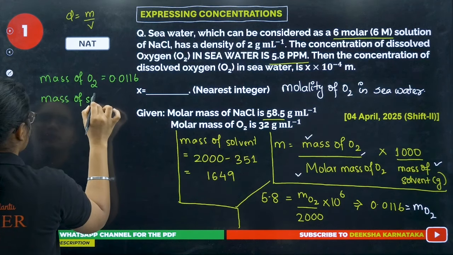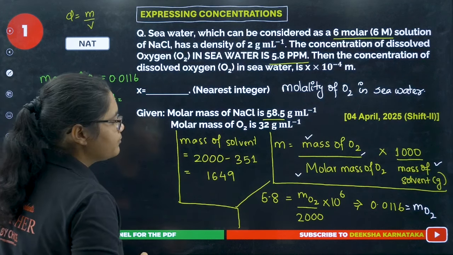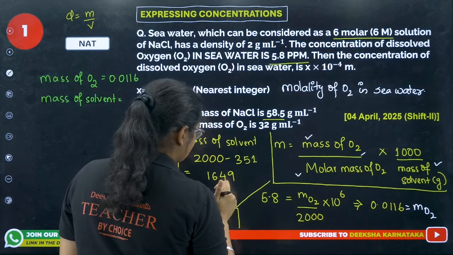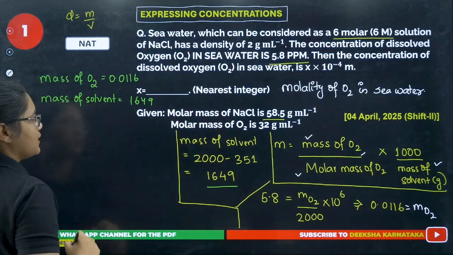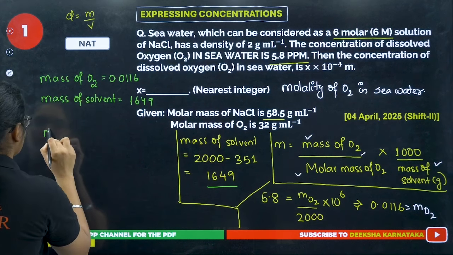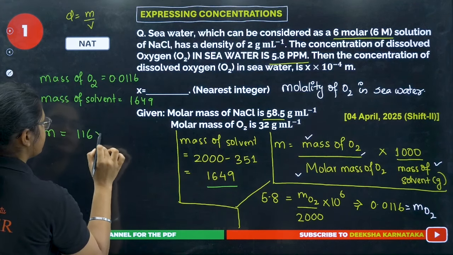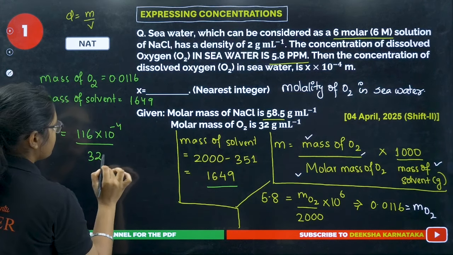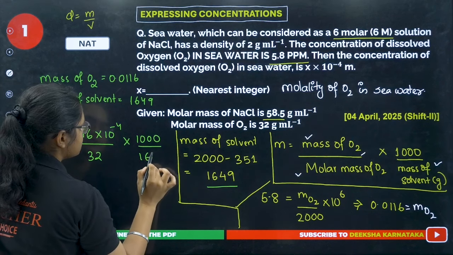Mass of solvent. Sorry, the mass of the solvent was 1649. Right. 1649. Now I'll calculate molality. Mass of oxygen is 116 into 10 to the power of minus 4 divided by 32 into 1000 by 1649.